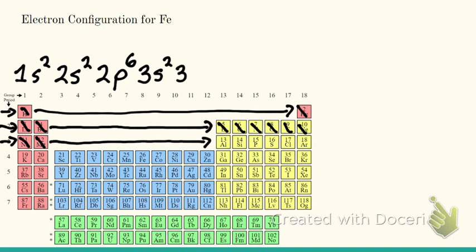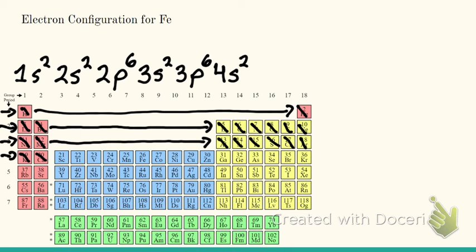We enter into our p block, and it is able to hold 6 electrons. We're at the end of that row, so we move on to the next. We are now in row 4. We enter into our s block, which is able to hold 2 electrons, so we get our 4s2.